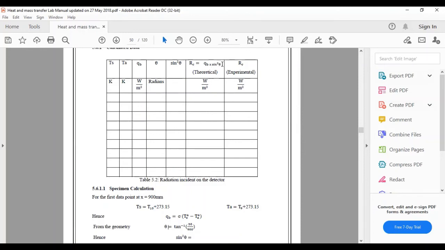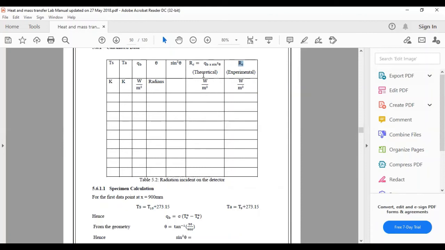Then finally, when we multiply the value of this sine square theta with this QB, we will get the reading of this RC, that is the radiation intensity. So this is the theoretical value we will get from this experiment, and then we will get the experimental value as well, that is the value of this RC we have got from the radiometer.